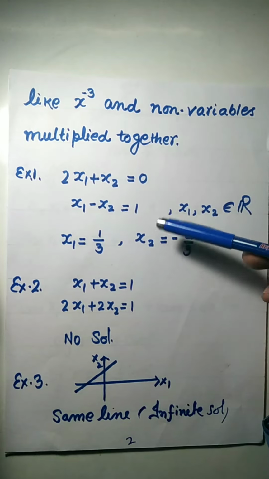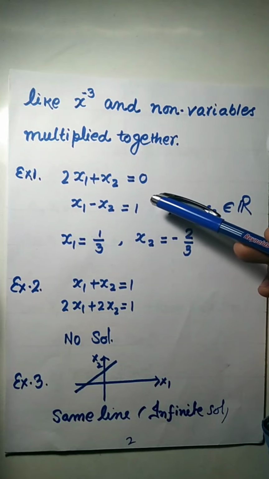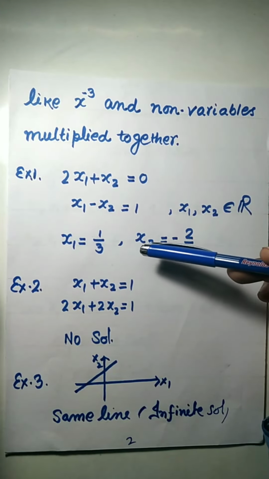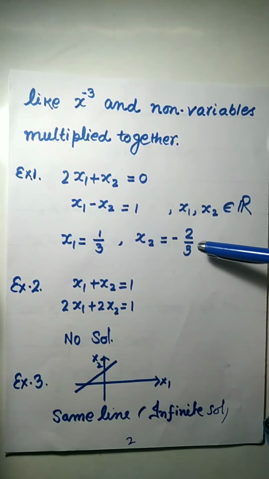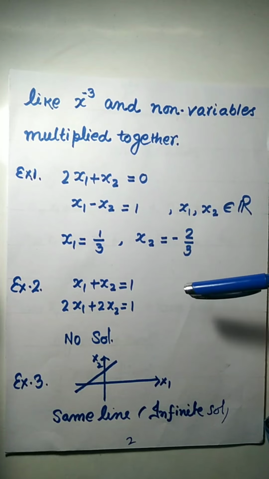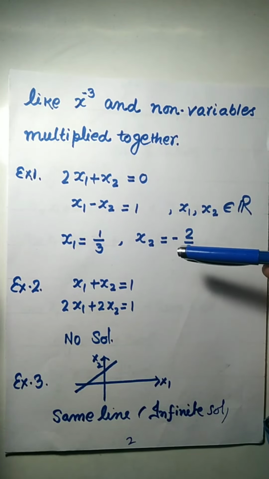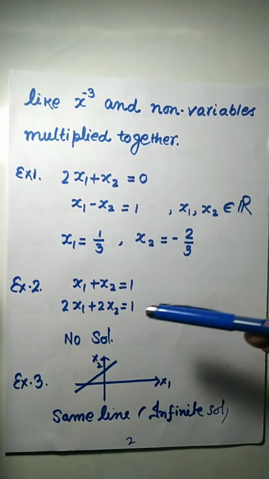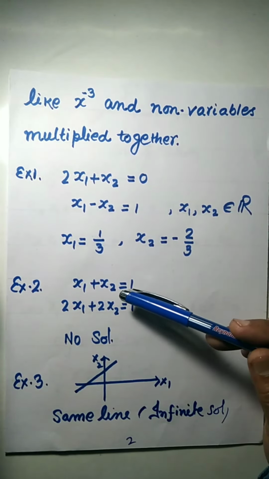Simplifying these equations gives us x1 = 1/3, x2 = -2/3. A solution exists, and it is a unique solution. We can solve a system of linear equations in many ways.